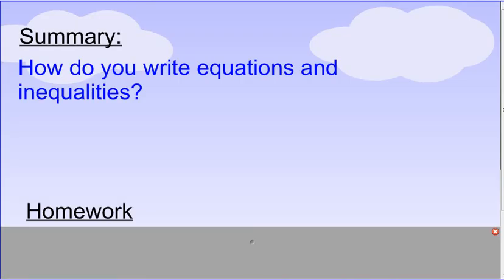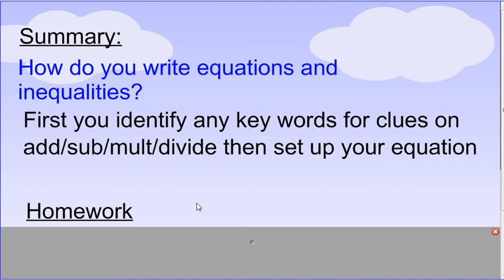Okay. So this summary question says, how do you write equations and inequalities? Again, see if you can put down an answer, a sentence or two, a little explanation on how you write down these equations and inequalities. Pause the video, do it on your own. When you're ready to continue, hit play. We'll go through it together. I have here, first you identify any keywords for clues on add, subtract, multiply, or divide.